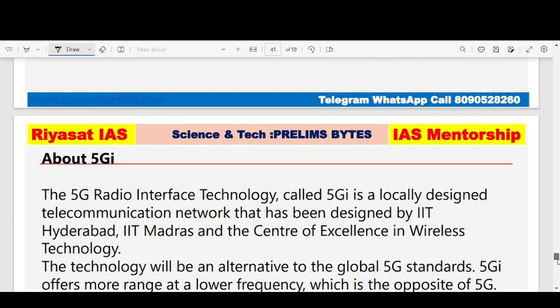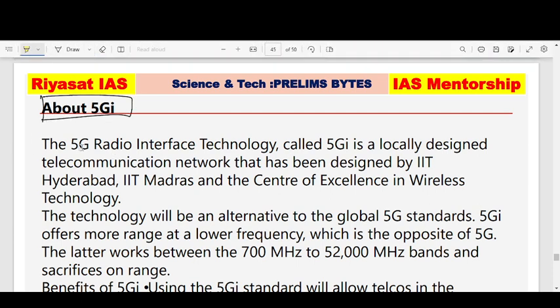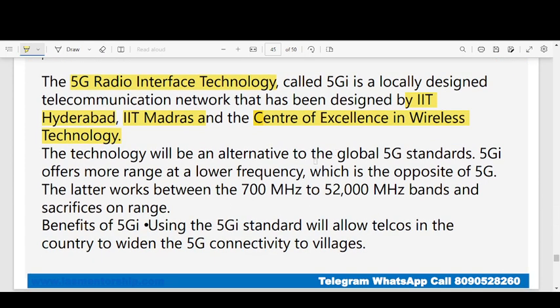Now moving ahead with another technology, that is your 5G-I. Full form is 5G radio interface technology. It has been designed by IIT Hyderabad, IIT Madras, and your Center of Excellence in Wireless Technology. What is this? This is an advanced version, or an alternative to 5G.